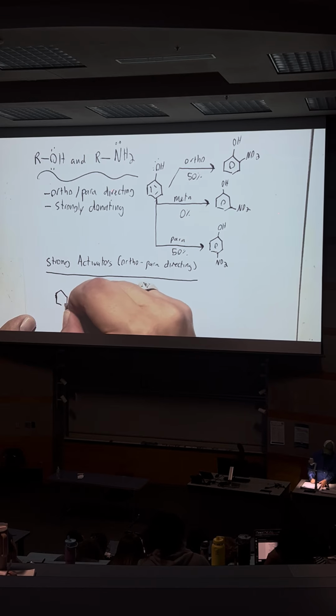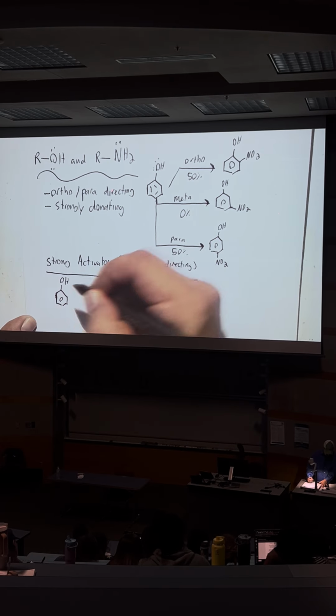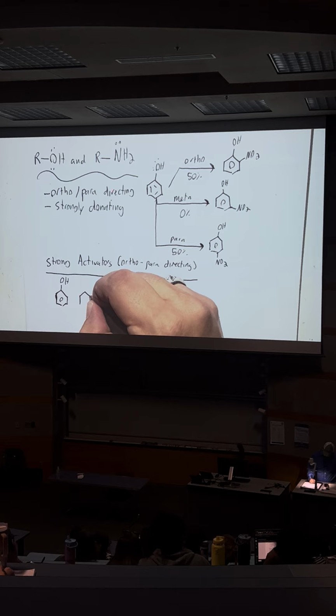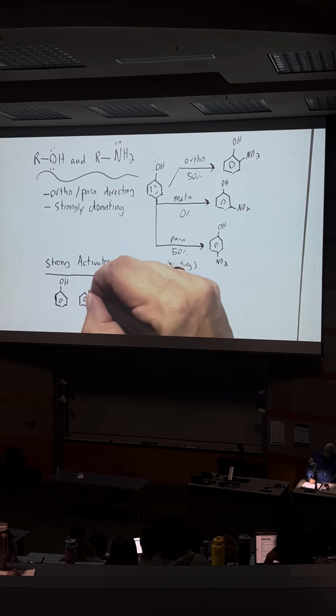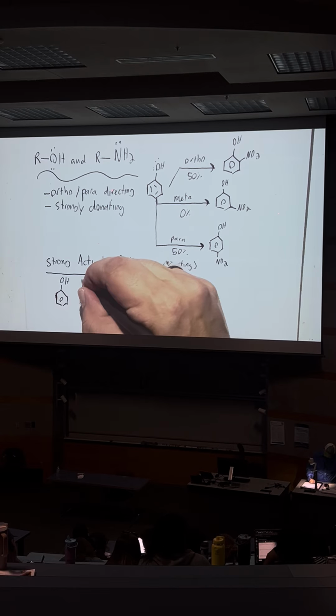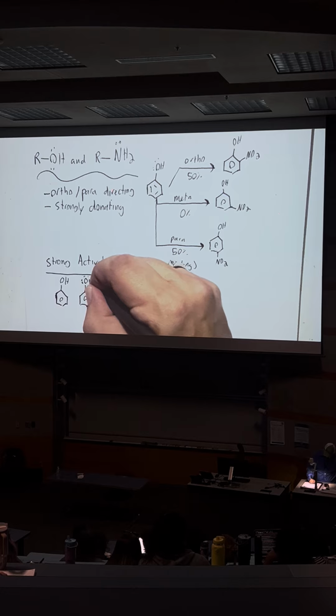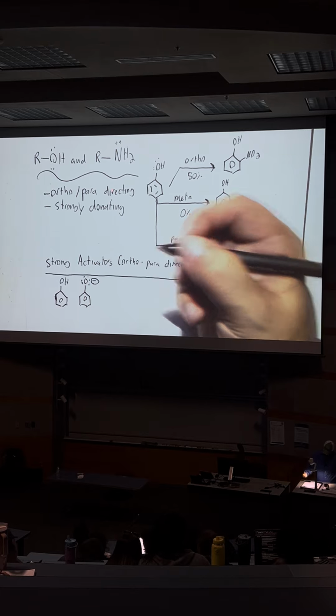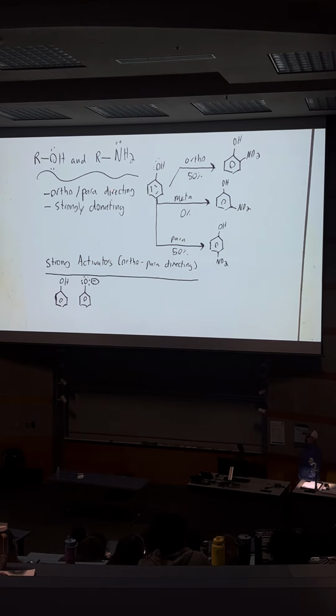The example that we have is phenol. An even stronger example would be if you deprotonate phenol. So if you take phenol and hit it with a base, you can pull off the proton to generate the phenoxide anion, so O-.